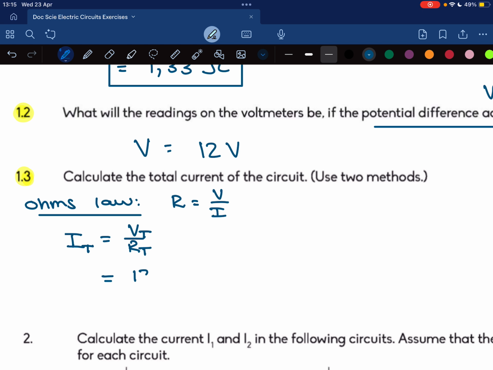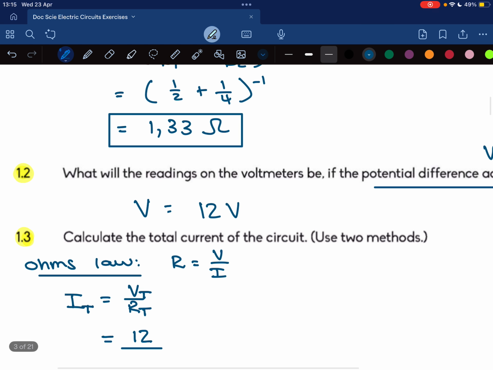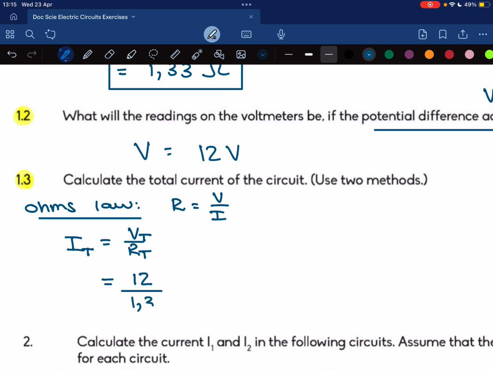Now we know the V total is 12. The R total we found in question 1.1, which is 1.33. So the final answer here is going to be 9 amps.